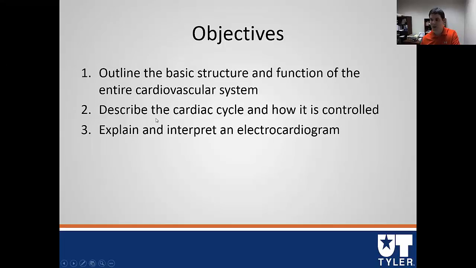Then we'll talk about essentially the heartbeat or cardiac cycle, how we control it, how we can turn heart rate up or down. That'll be very important, of course, when we get into exercise. And then the way we measure heart rate is essentially an electrocardiogram. And so we'll give you a very cursory idea of how to explain and interpret an EKG.